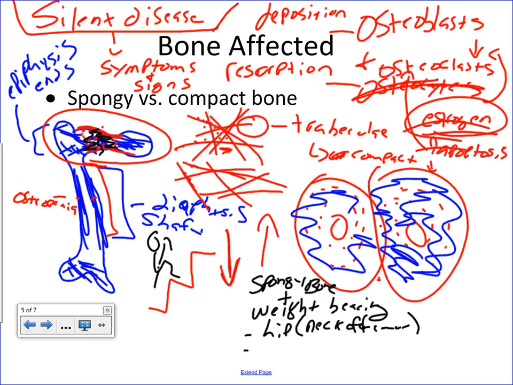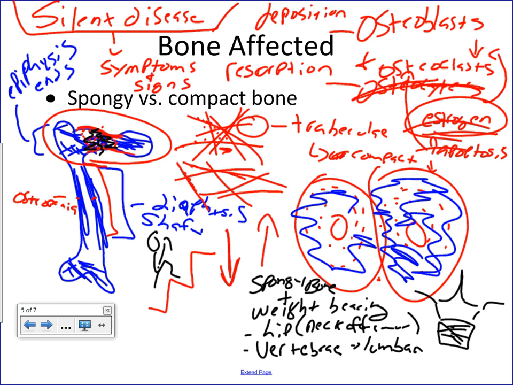Another one would be your vertebrae, especially lumbar. Okay, even though your lumbar vertebrae are the biggest, remember, when you look at the anatomy of a vertebra, you've got the body, then you've got your lamina, then you've got these transverse, then you've got the spinous process. Remember, the body is all spongy bone.